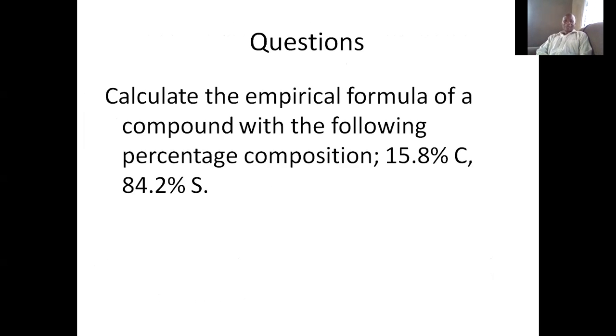So here is a simplified version of steps that will enable us to calculate the empirical formula. I have made a simple example here so that we go through the procedure. The question goes as follows: calculate the empirical formula of a compound with the following percentage composition: 15.8% of carbon and 84.2% of sulfur.